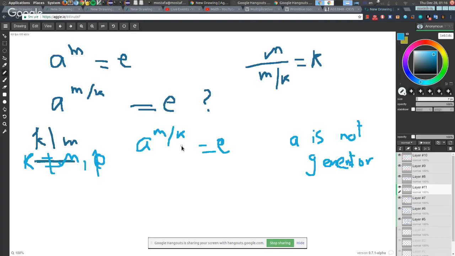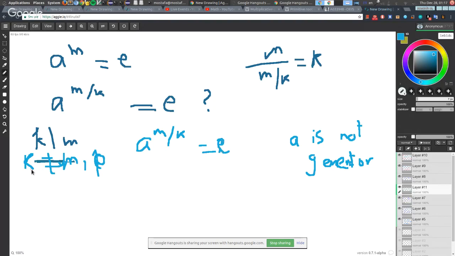Because if k is equal to 1, then this is satisfied trivially by Euler's theorem.